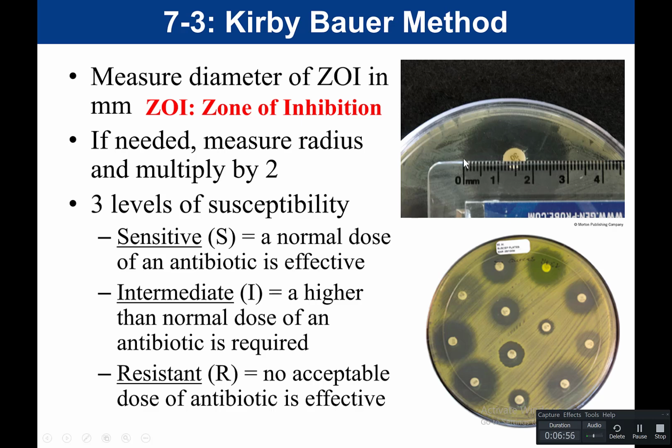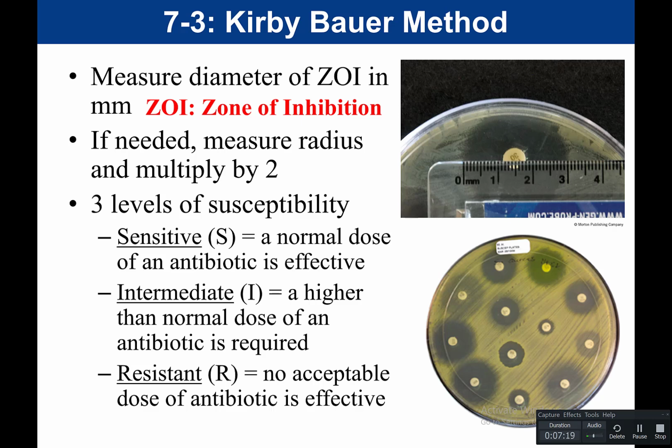So notice that's lined up with the 0, and it goes to about here, which you could either record as 29 or 30. It's kind of right on the cusp, right? Because if this is 3, that's 3 centimeters, which is equal to 30 millimeters. So I would record this as being 30 millimeters.